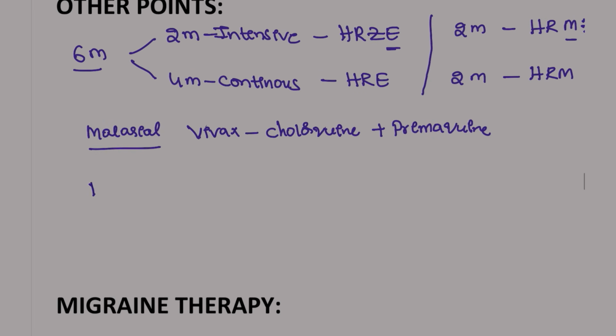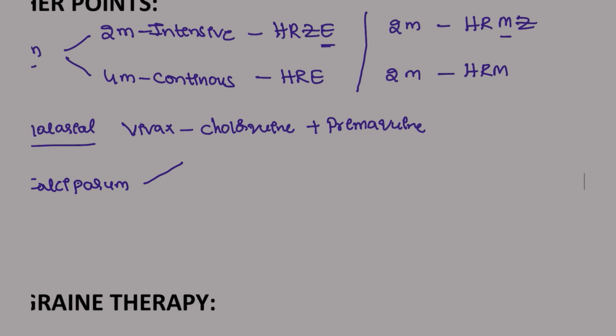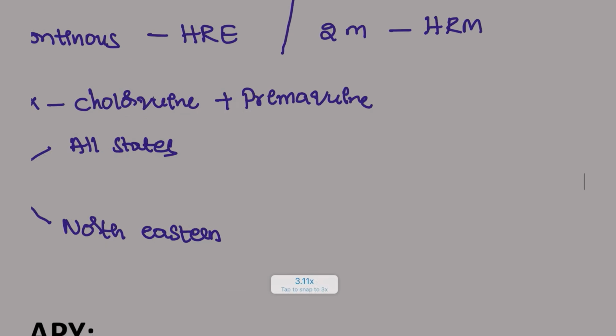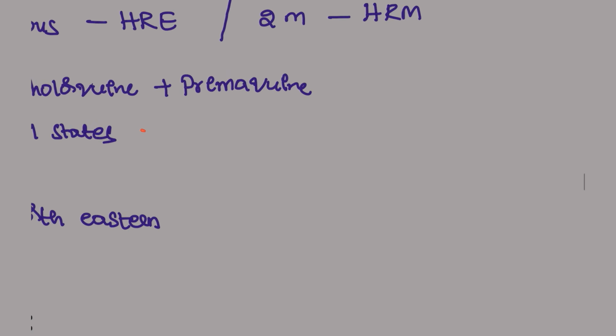Next, coming to falciparum. This is quite different for falciparum patients. In all states of India other than the northeastern states, we follow the therapy of artesunate and also sulfadoxine and pyrimethamine.